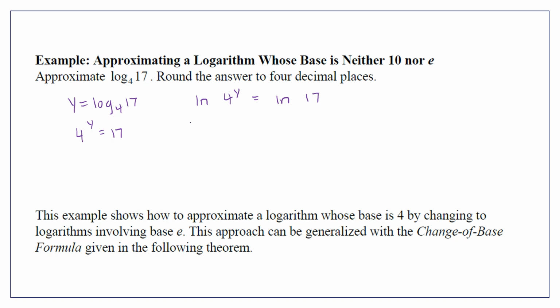So we can move the y to the factor location. This will then allow us to divide both sides by the natural log of 4. Now we can enter that expression into our calculator to get an approximate value for y.